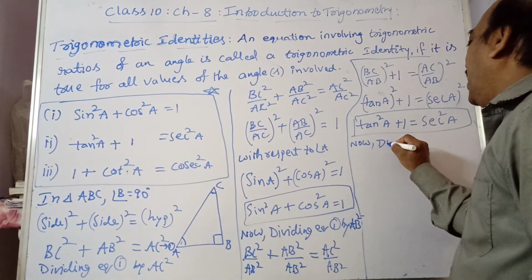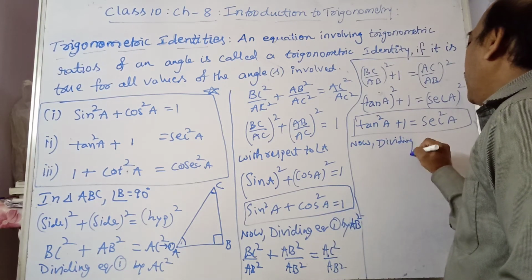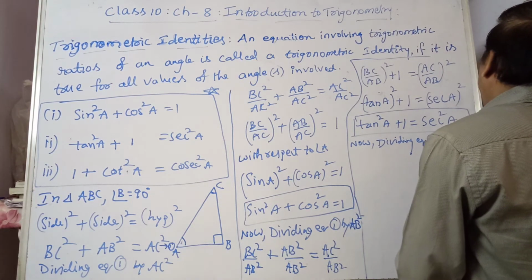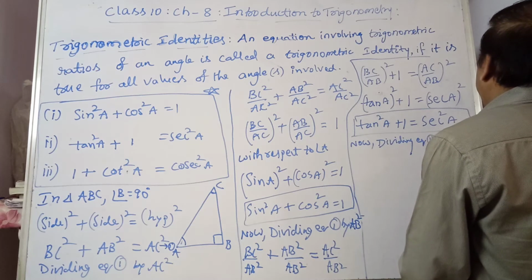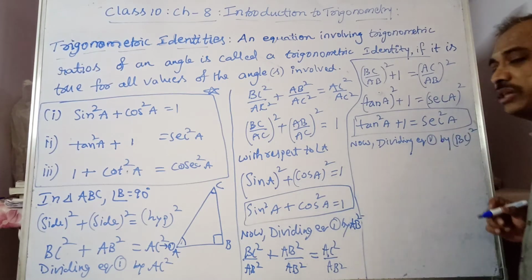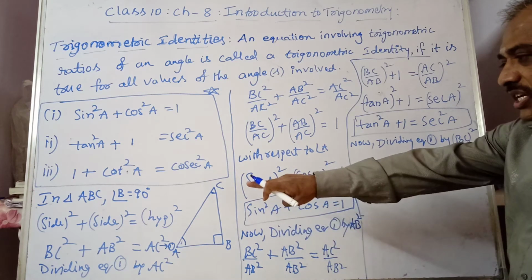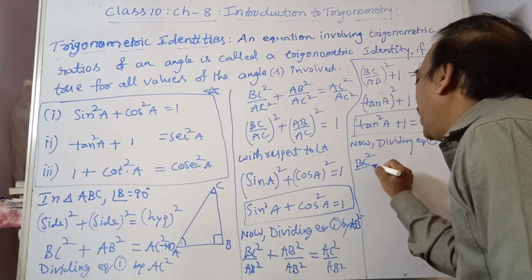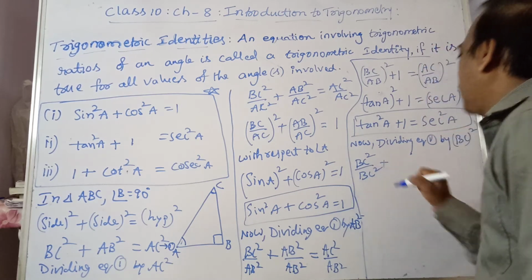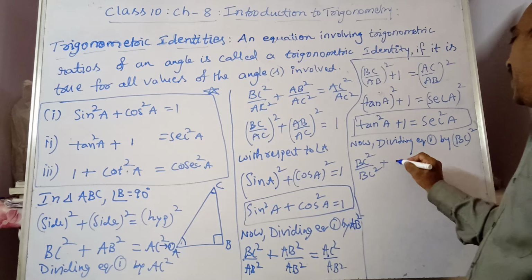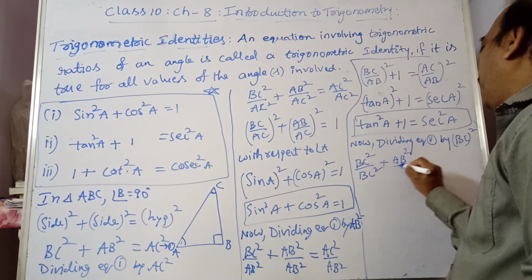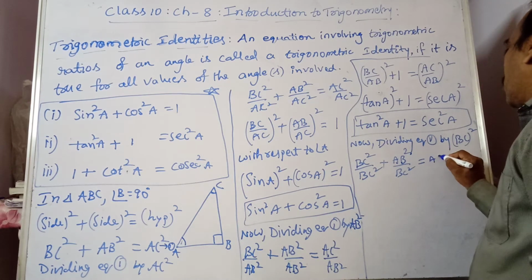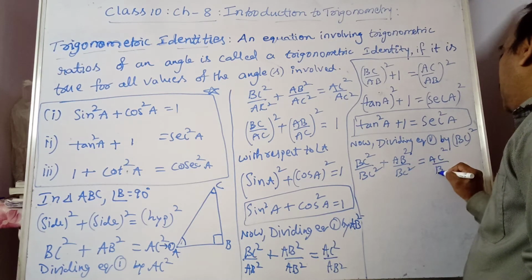So to get the third identity, now dividing equation 1 by BC square, dividing the whole equation by BC square. The first equation is BC square, so BC square by BC square plus AB square by BC square is equals to AC square by BC square.